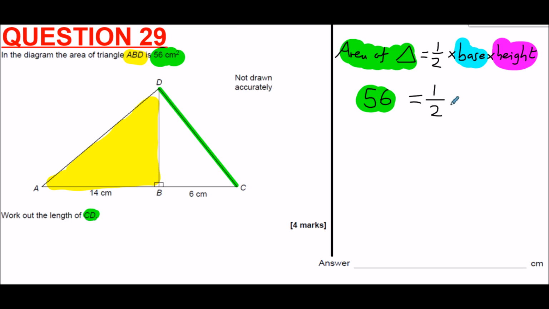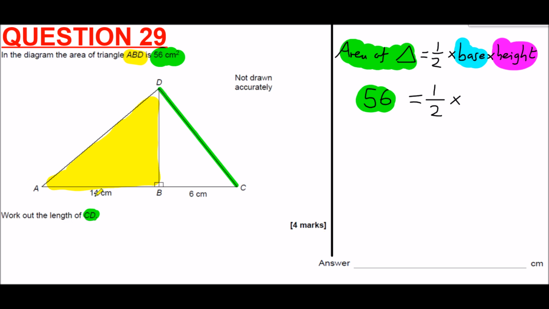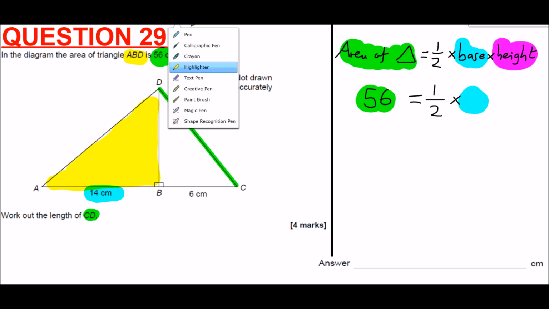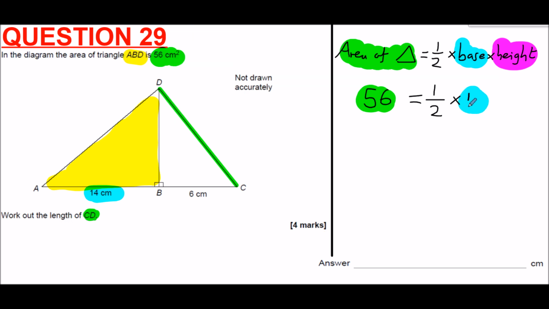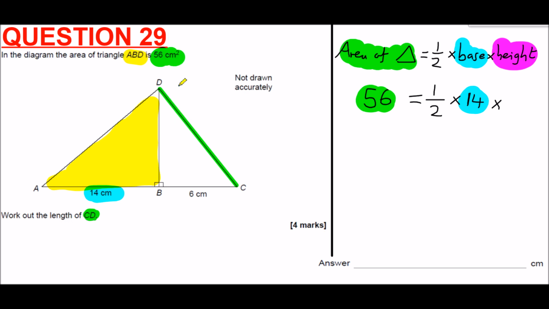So half multiplied by the base. The base just means the bottom part of a triangle, which we can see from here is 14. So the base is 14. And the height, well, the height we don't know, but let's think about what the height means. The height means all the way from the top to the bottom. So for this particular one, the height means all the way from B to D.